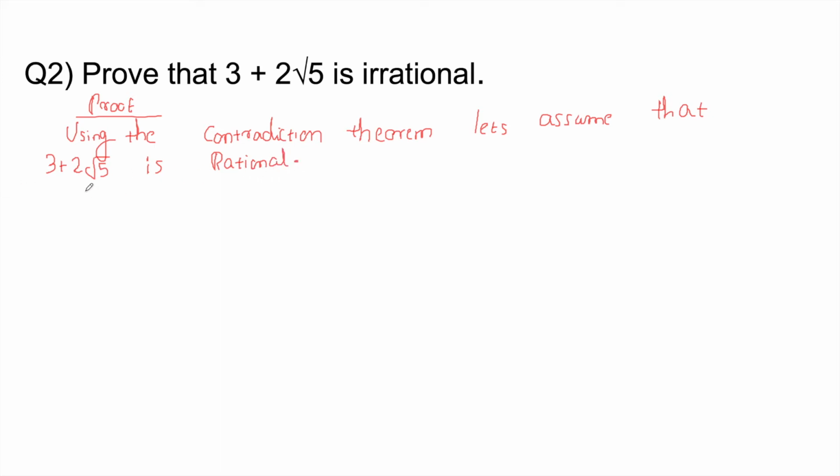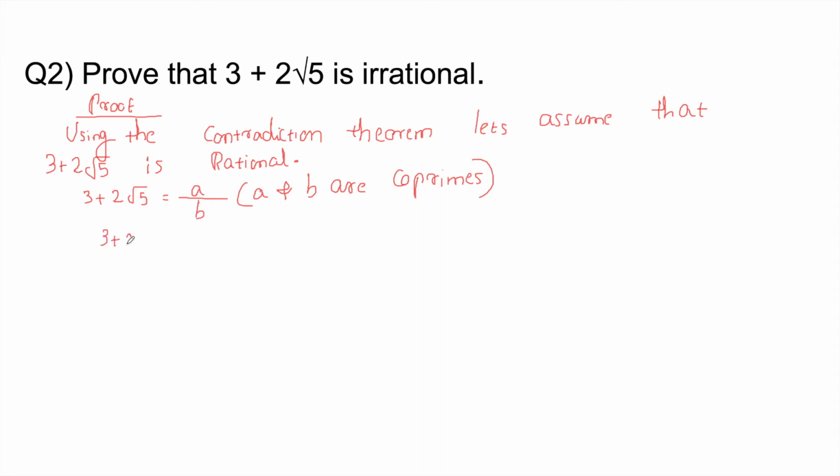If it is rational, we can represent it as 3 plus 2 root 5 is equal to A by B, where A and B are coprime numbers. Okay, now we can cross multiply this.